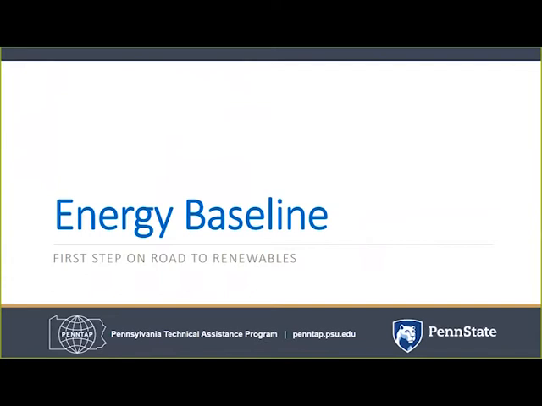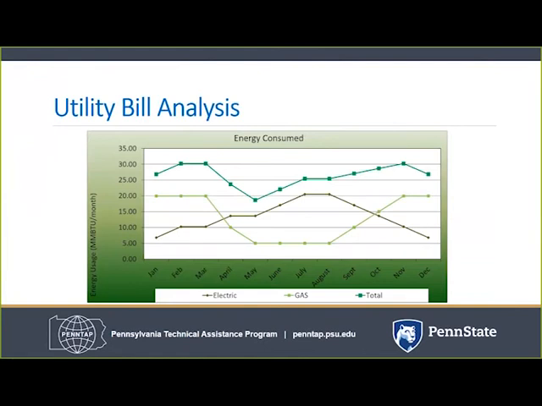The first step on this path is to understand how your organization uses energy right now. We call this establishing an energy baseline, which encompasses all of your current sources and uses of energy. We begin by creating a high-level picture of energy consumption at a facility. Utility bills provide a starting point for this analysis.